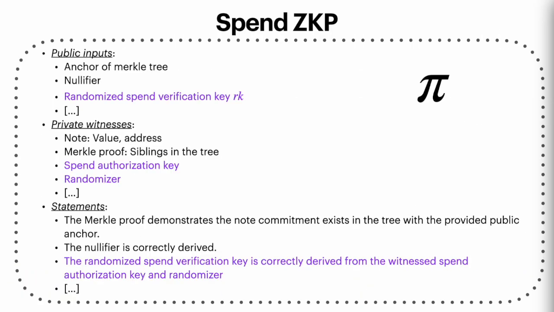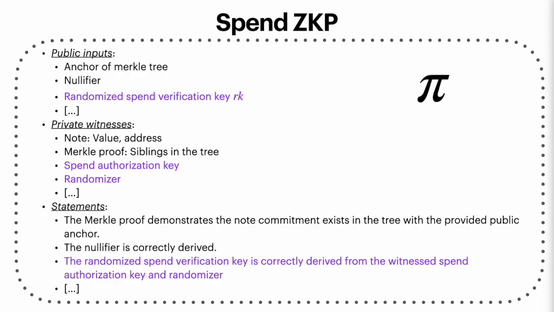So now we're going to add a few more things to our spend ZKP. We're going to add a public input, which is our randomized public key, RK. We're also going to witness the key that we would have otherwise used that would have linked the spend, the spend authorization key, that was AK. And we're going to witness the randomizer alpha.